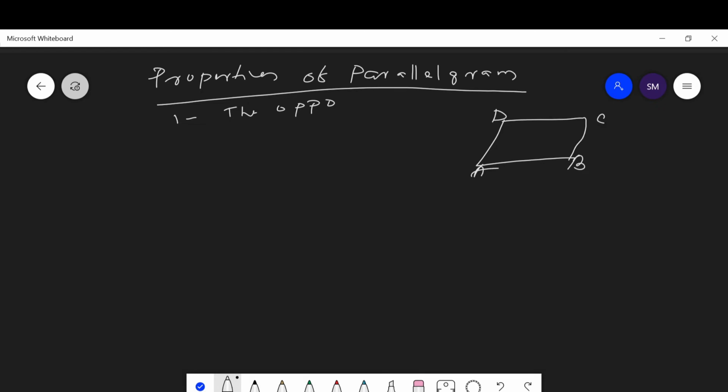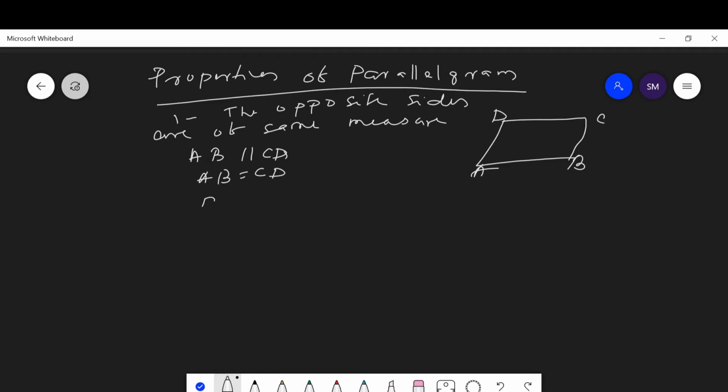Opposite sides are of same measure, in which AB is parallel to CD and AB is equal to CD, and BC is equal to AD and BC is also parallel to AD.